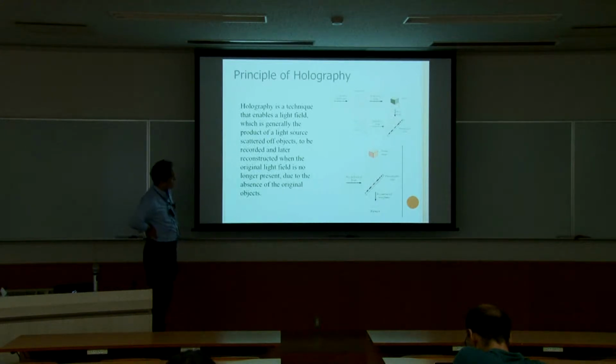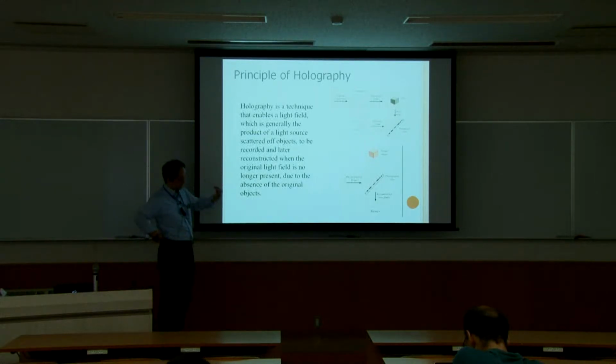This is called the ultimate 3D display because it does not just provide a left and right image, but it reconstructs the waveform. So we cannot distinguish this image from a real image.